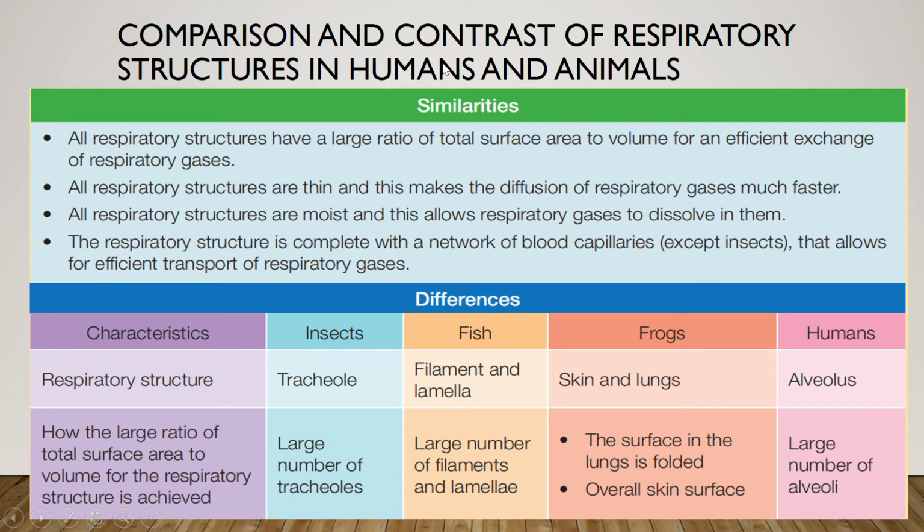So let's compare and contrast the respiratory structure in humans and also in other animals. Before that, the similarities. When you say compare and contrast, don't forget to mention the similarities in exam, okay? So all respiratory structures have a large TSA to volume ratio for efficient exchange of respiratory gases.